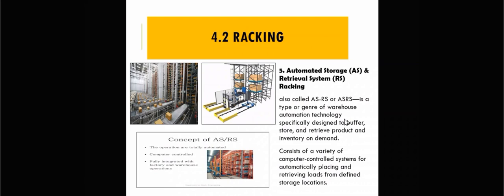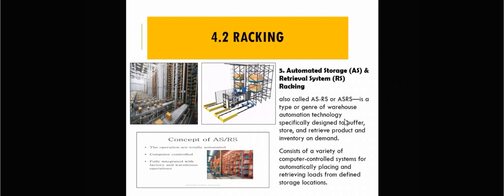So you know lah, when it is totally automated, a computer will control it, and it is fully integrated with factory and warehouse management system or warehouse operations. Right. So this type of racking consists of a variety of computer control systems for automatically placing and retrieving loads from defined storage locations.